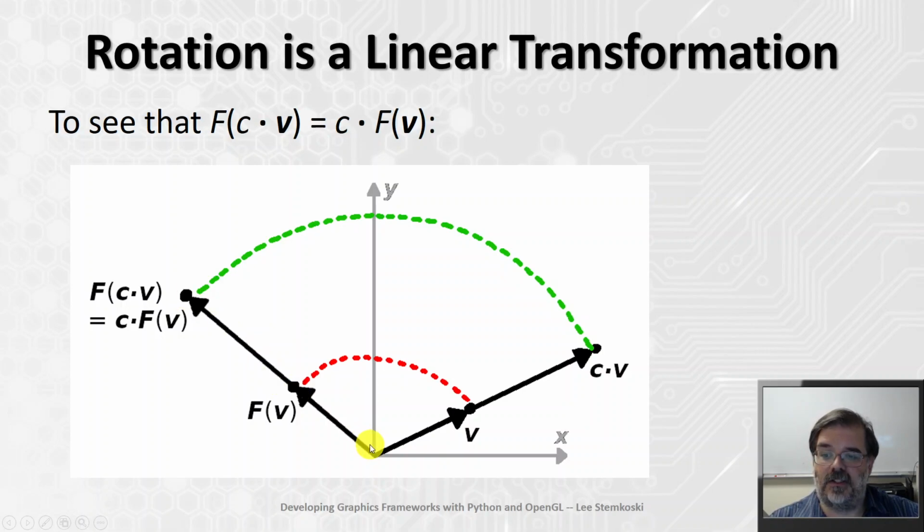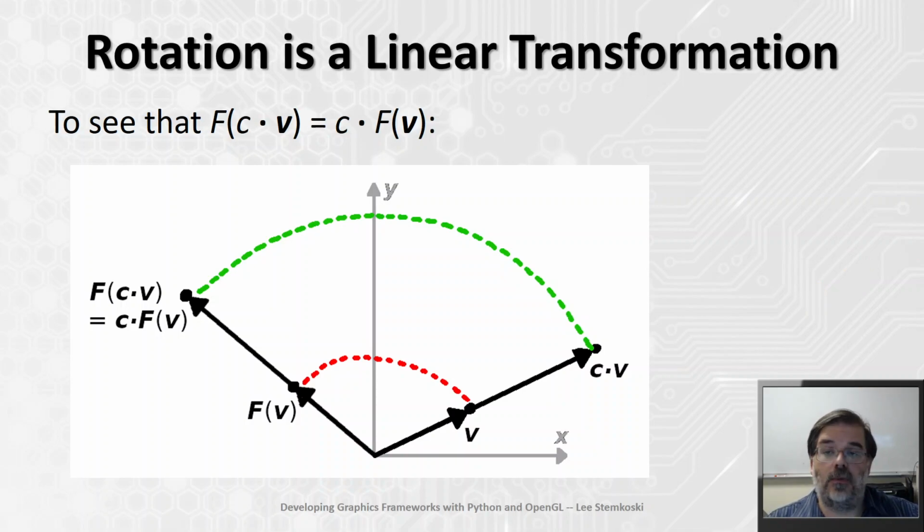It lies along this line, and it has distance c times d from the origin. And so no matter how you get there, if you multiply by c and then rotate with the function f, or if you apply the function f and then multiply by c, you're going to end up at the same point. So informally, that's why those two values should be equal.